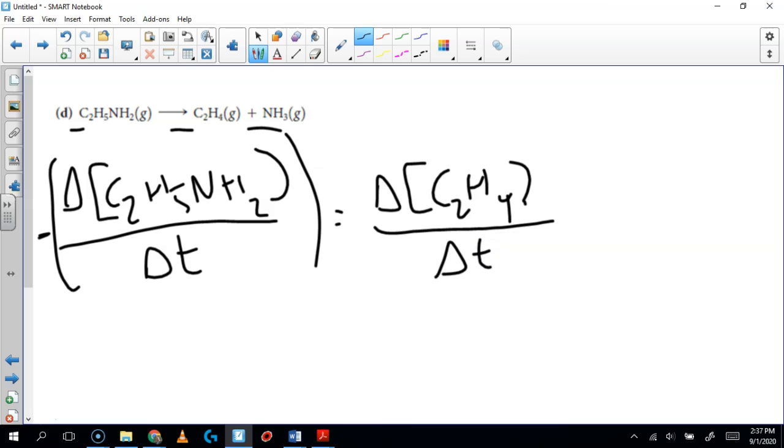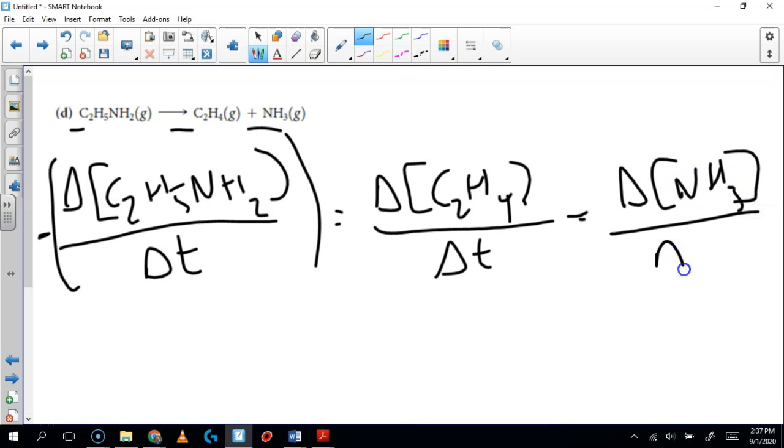And that stays positive because it's a product, and that's equal to the change in concentration of NH3 over the change in time. Okay, so that's all 4 parts of that particular question.